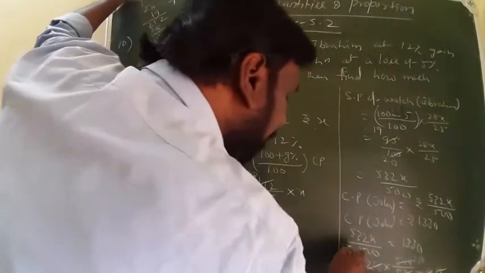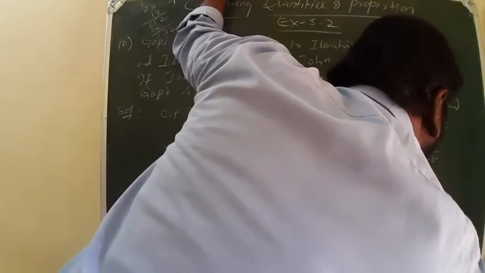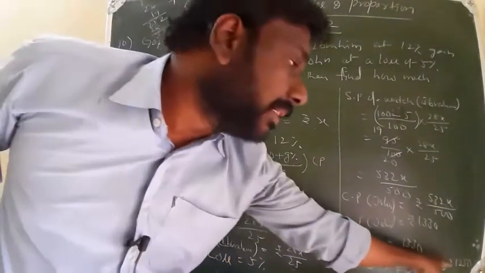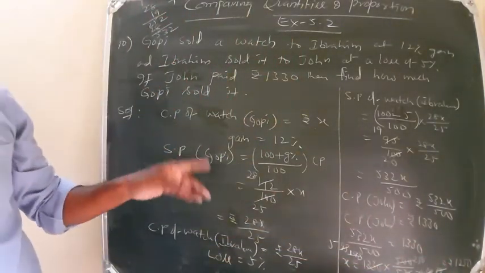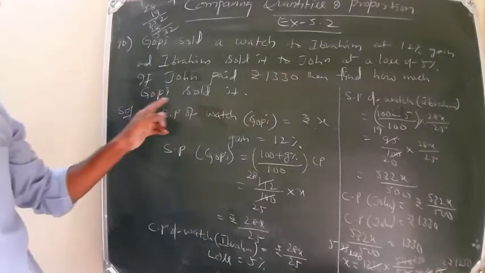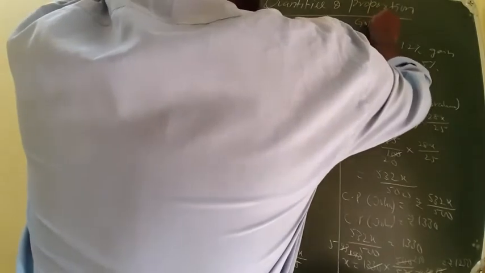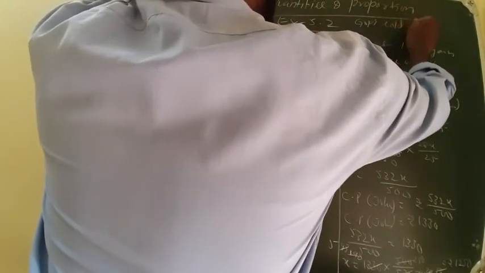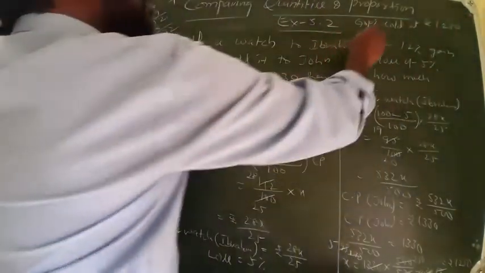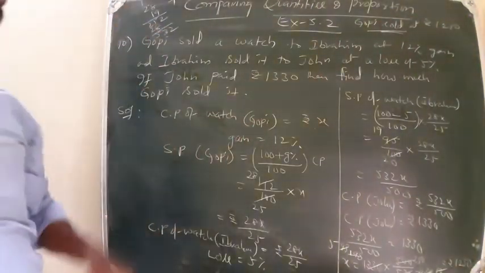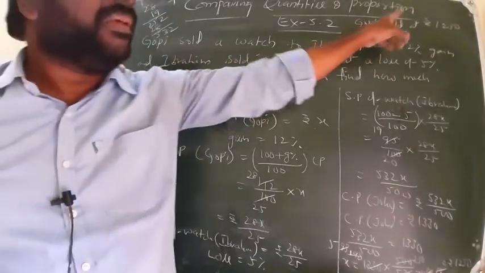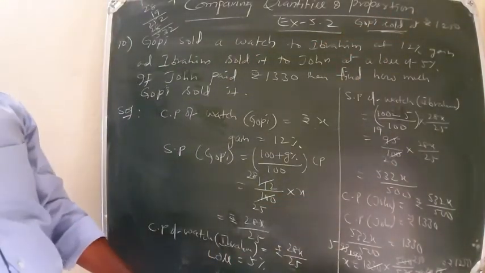It will go 5 times. 5 into 250, that is 1250. So this is the actual cost of Gopi. So Gopi sold it for rupees 1250. This is the answer. Actually Gopi sold to Ibrahim for rupees 1250.